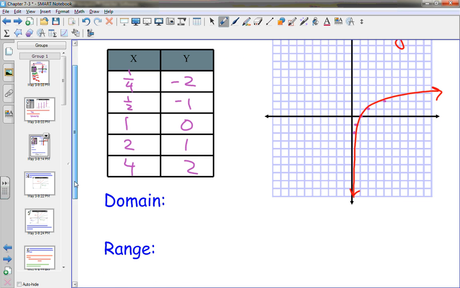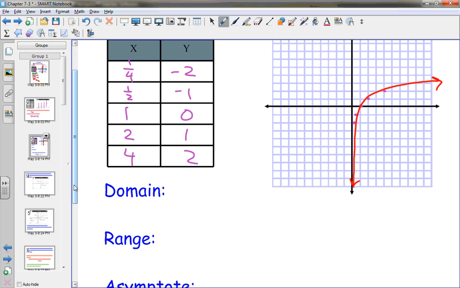And my question to you is, since it's an inverse of an exponential function, what is now my domain, reading it from left to right? I'm right here on my x-axis. Do I have a corresponding y value anywhere? No. I'm right here on my x-axis. Do I have a corresponding y value anywhere? No. Now I'm right here.